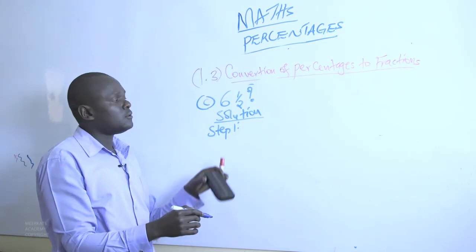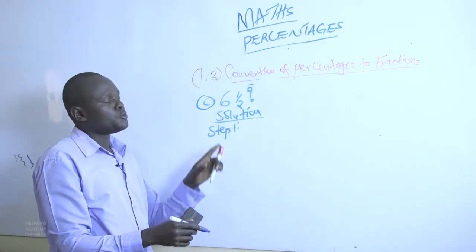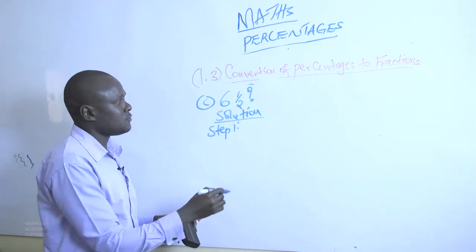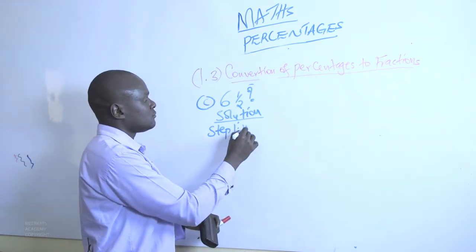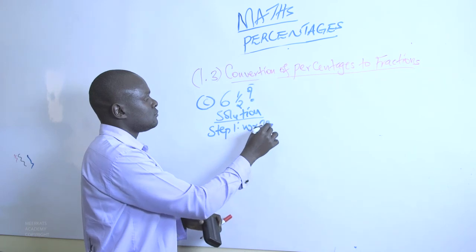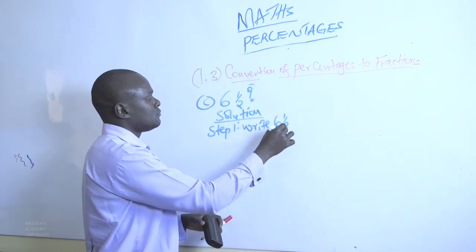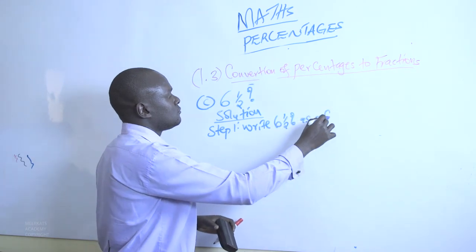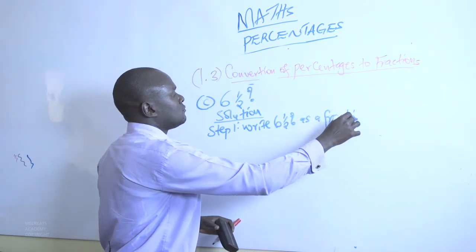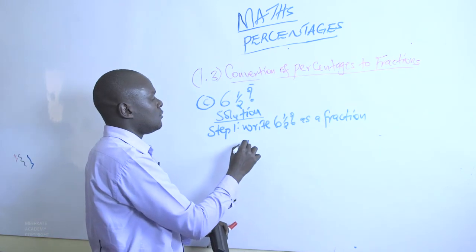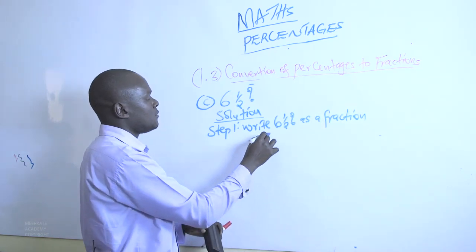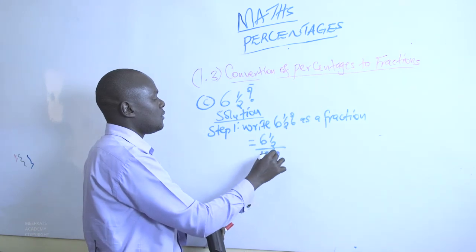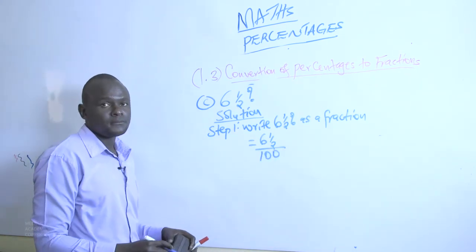Our step number 1 is to write this percentage as a fraction, which will be 6.5 out of 100.